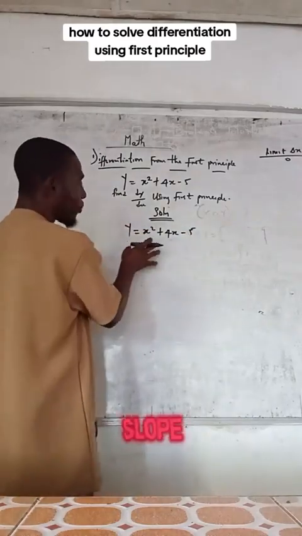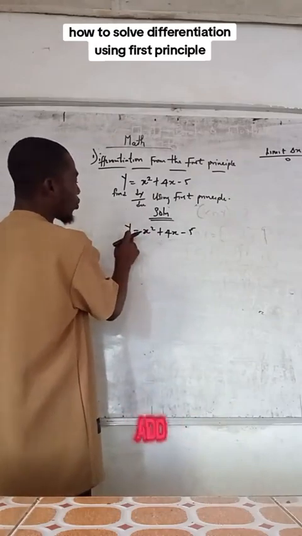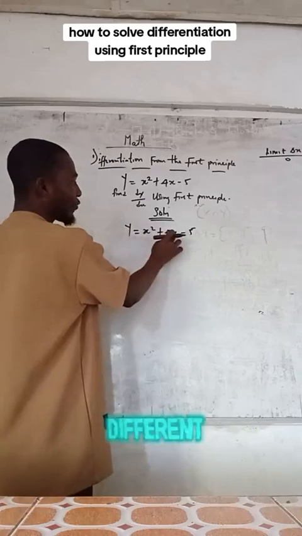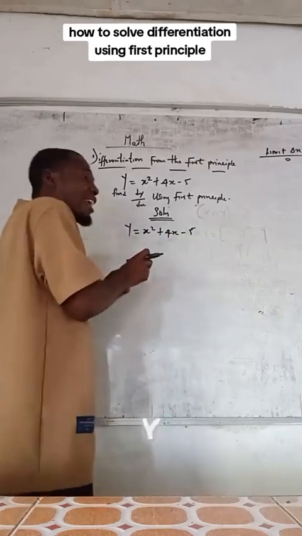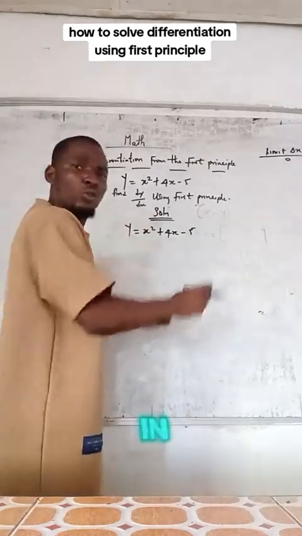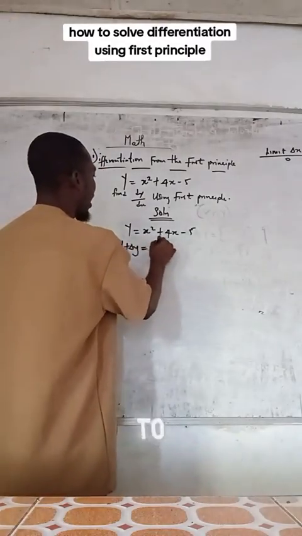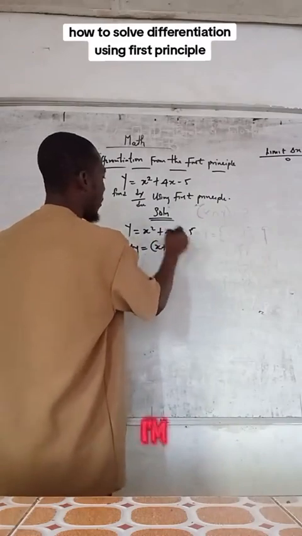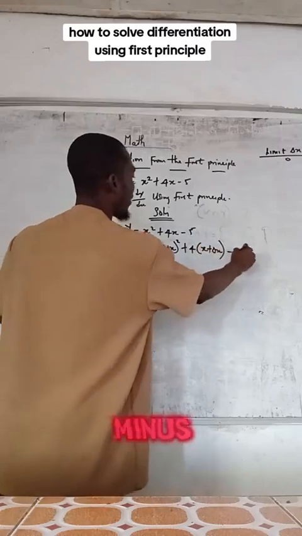The first thing is to add the difference in y and the difference in x. Whenever I see y, I add dy. Whenever I see x, I add dx. Therefore, y plus dy equals (x plus dx) to the power of 2, plus 4 times (x plus dx), minus 5.